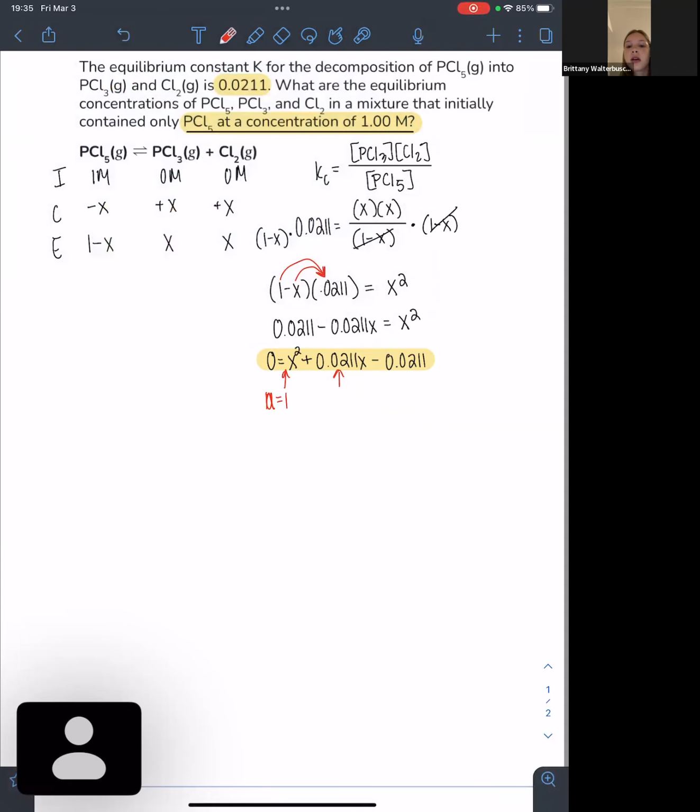The value with the x is going to be our B. And then this last number will represent our C that's not paired with any x. And we're going to make sure to include the negative.